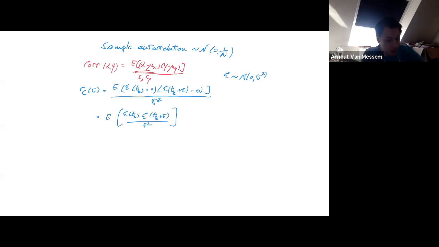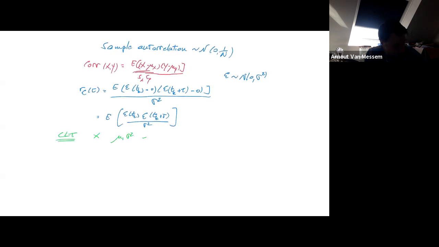And then we will be using the central limit theorem. The central limit theorem that we saw was: if x has a mean mu and a variance sigma squared, then x bar follows, if my sample size is large enough, a normal distribution with mean mu and variance sigma squared over n.